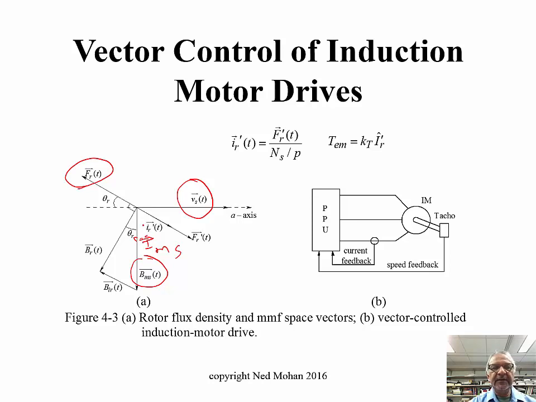But this rotor MMF has to be nullified by additional currents drawn from the stator, represented here by the I_R prime space vector, and this rotor MMF F_R prime is nullifying F_R. It's really the sum of i_MS and I_R prime that is the stator current space vector.